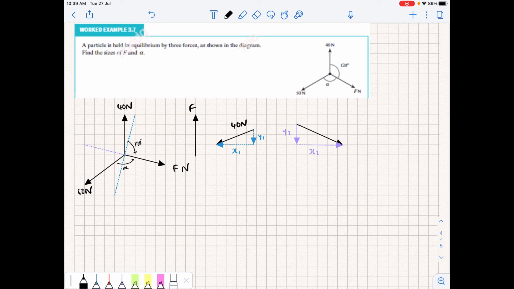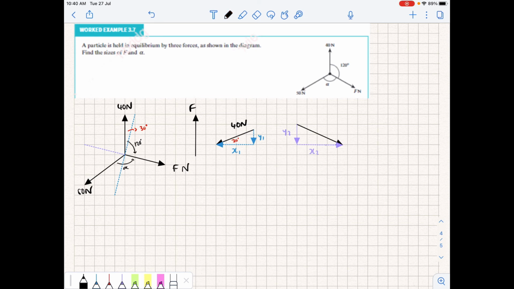Now we need an angle, and we can use this angle inside here. The total angle between 40 newtons and F newtons is 120. Our line of action is a perpendicular line, so it's 90 degrees. So we can work out this angle as 120 minus 90, which is 30 degrees. So this angle inside is 30 degrees.